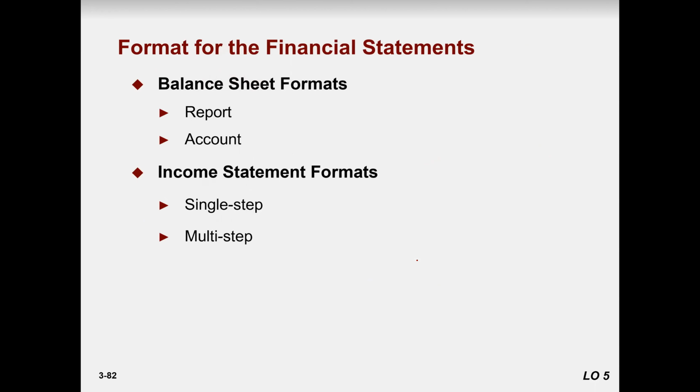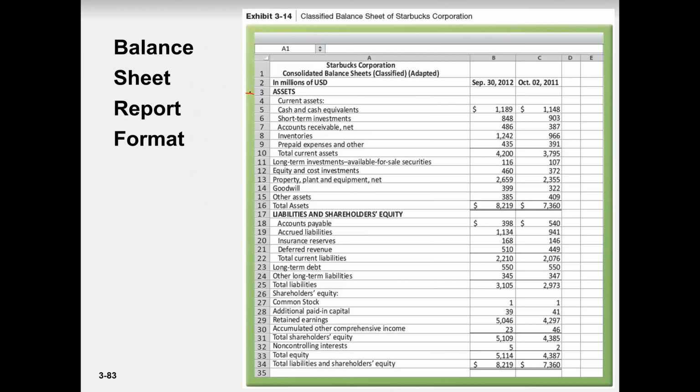Now here we go. So how do you present the balance sheet? There are two formats of balance sheet: report format and account format. For income statement, there is single step and there is multi-step. All right. First, let's look at the balance sheet report format. In report format, you first write down the assets, all the current assets. Then you write down total current assets with one line.